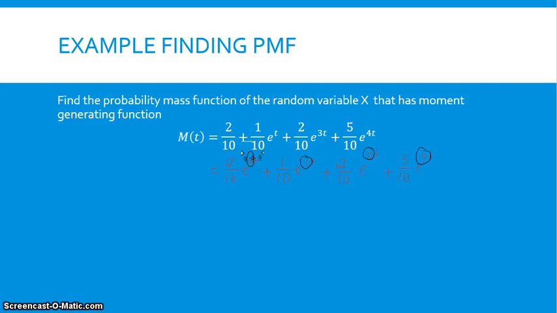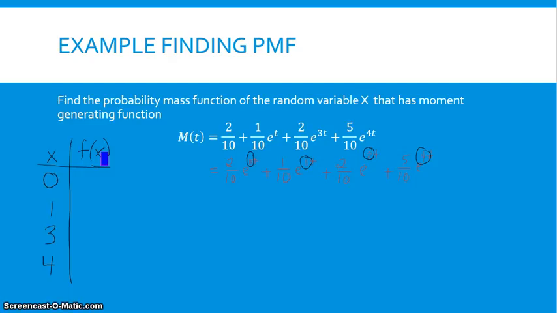So if I want to write my PMF as a table, I could write it with my values of x and little f of x, my probability mass function at those values. I know my values of x in the support are 0, 1, 3, and 4.